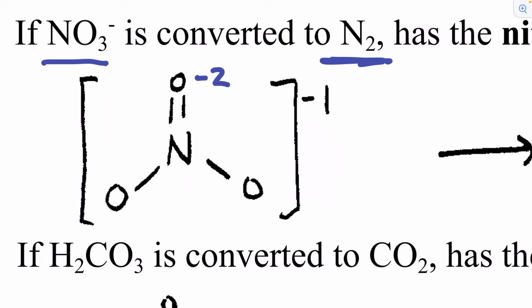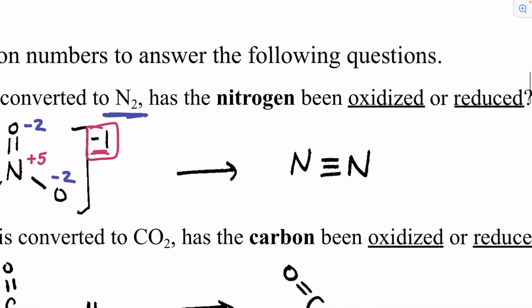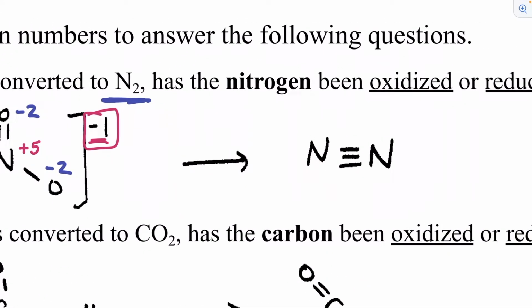Oxygen is always -2. The overall charge is -1. Thus, nitrogen has an oxidation number of +5. -2 plus -2 plus -2 plus +5 gets us -1. And based on our pink page, a substance that is in its elemental form, N2 is a diatomic, so this is its elemental form, the oxidation numbers are 0.